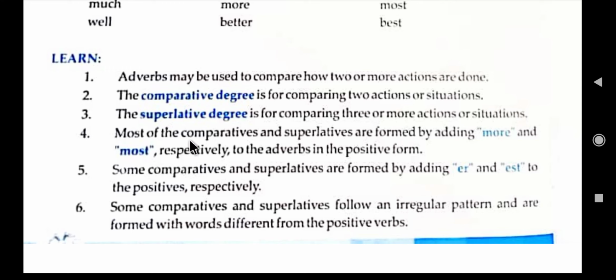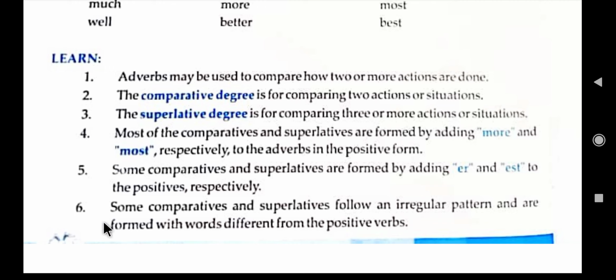Now next one is most of the comparatives and superlatives are formed by adding more and most respectively to the adverbs in the positive form. So those adverbs that end with ly follow more and most as their comparative and superlative degree.